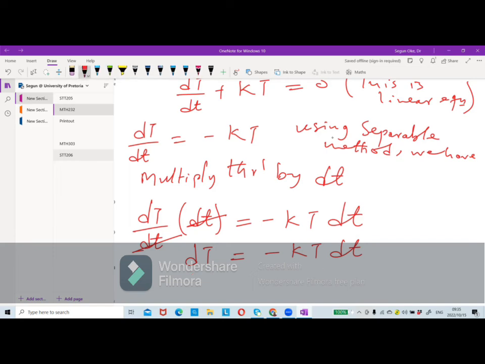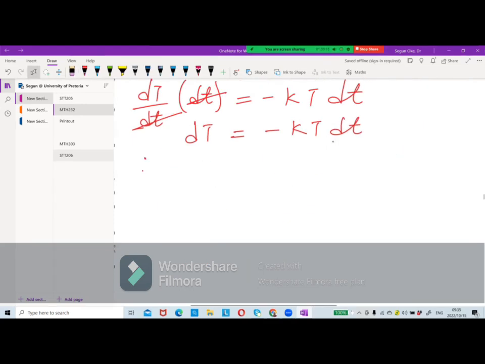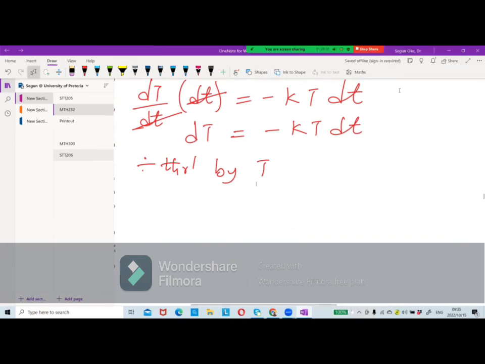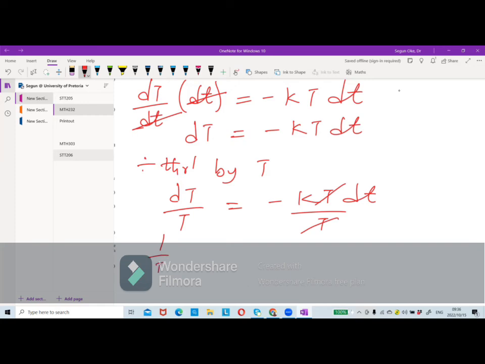So we now say divide through by capital T. When I divide through by capital T, what do I have? I will have dT over capital T equals minus kT dt over capital T. This one goes with this. So I have 1 all over T, dT, equals minus k dt.